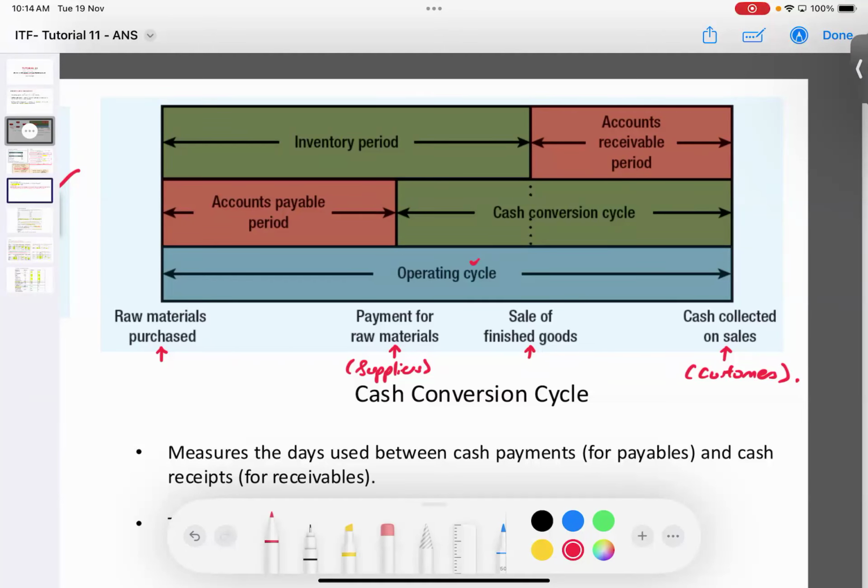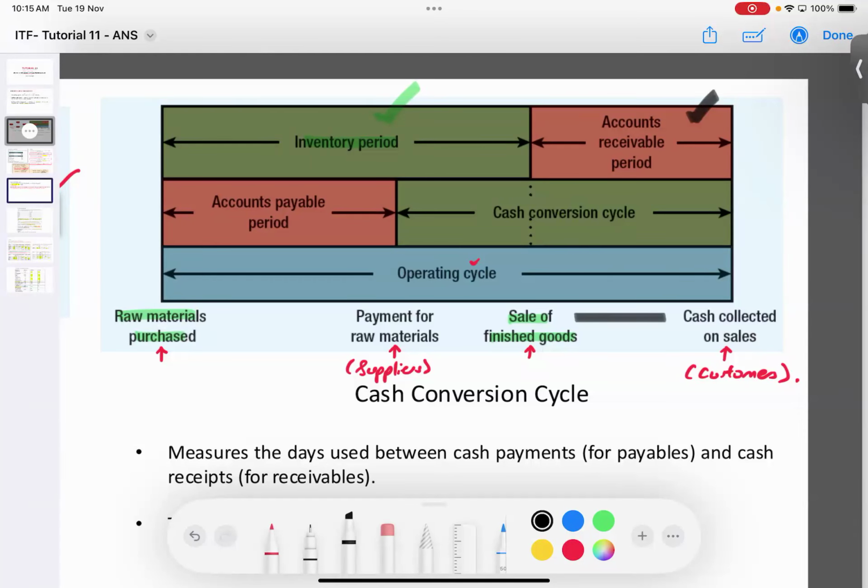Now, I can look into it more specifically. For example, the period from the raw materials purchase to the sale of goods and services, this period we call the inventory period. Why do we call it the inventory period? Because all these things, raw materials and stock, are in your inventory. The period from the sale of goods to the cash collected on the sales we call the accounts receivable period.